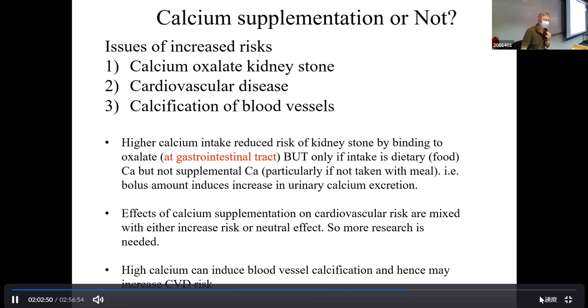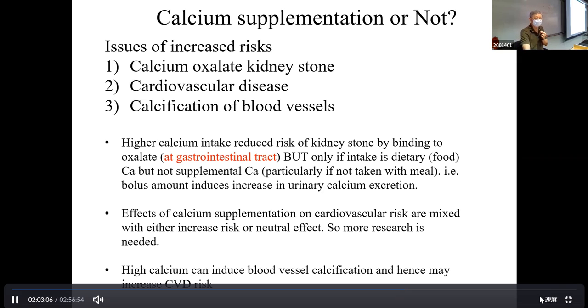Now, then the other side of the story is, what about if we increase calcium intake? You can increase calcium intake by increasing food calcium, or by supplementation.